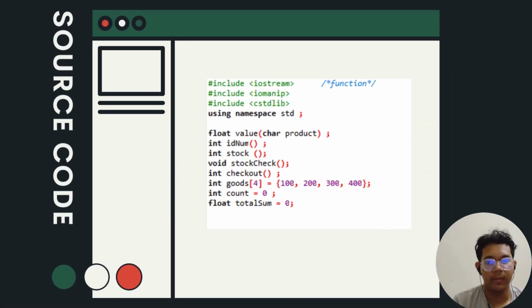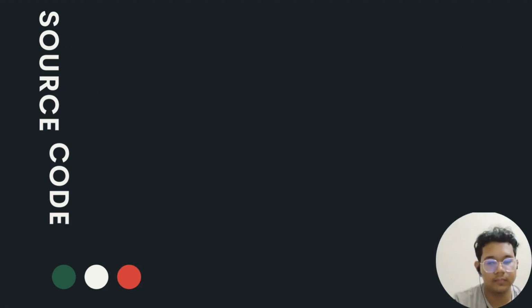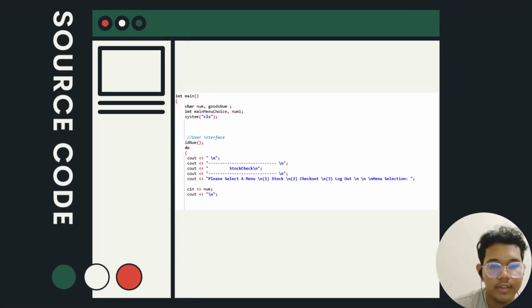So let's talk about the source code. First, we have the functions involved in this program, and next we see the main function. In this program, we see the ID number function for the ID verification, and then we see the main menu.